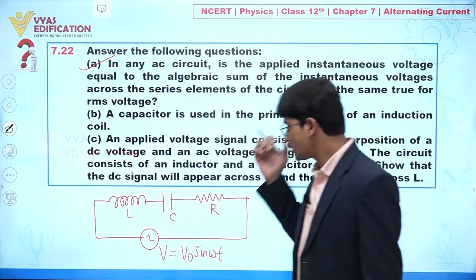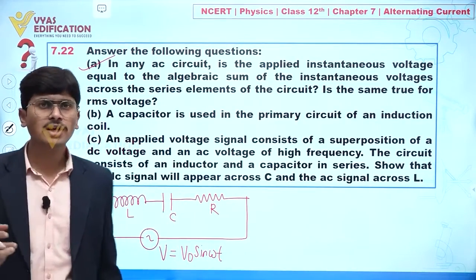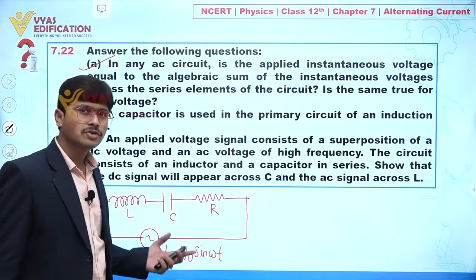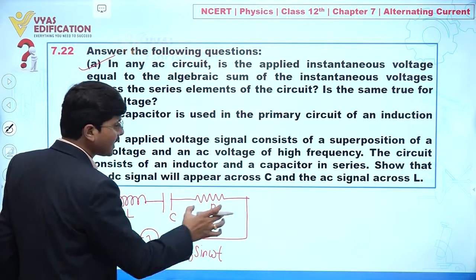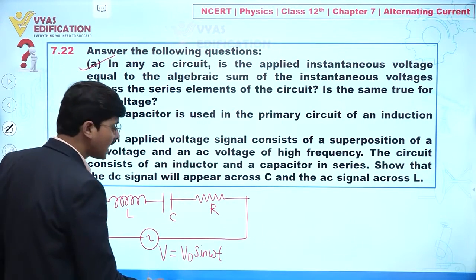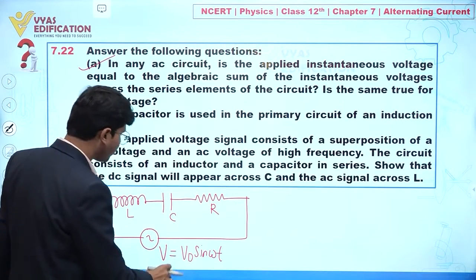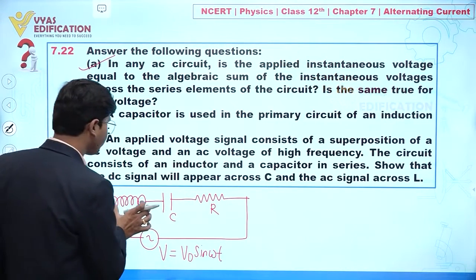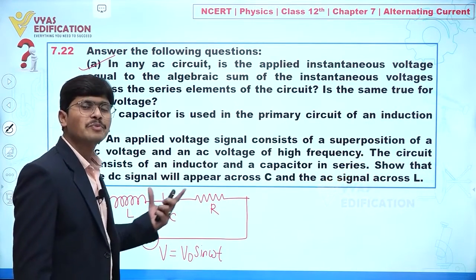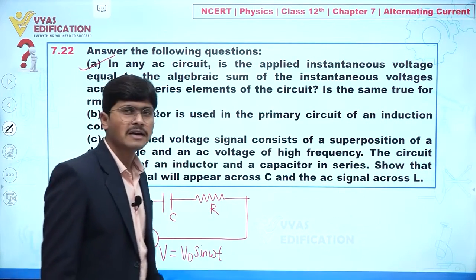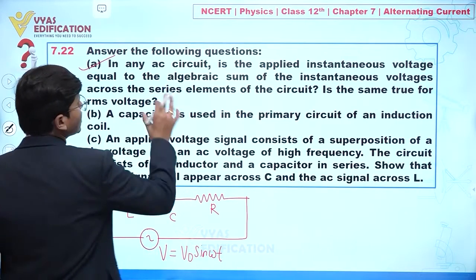Whenever we talk about instantaneous voltage, it will be distributed across L, C and R, clear? And at a particular time, the value of V should be equal to the sum of the potential across L, the potential across C and the potential across R, clear? So definitely this statement is correct.